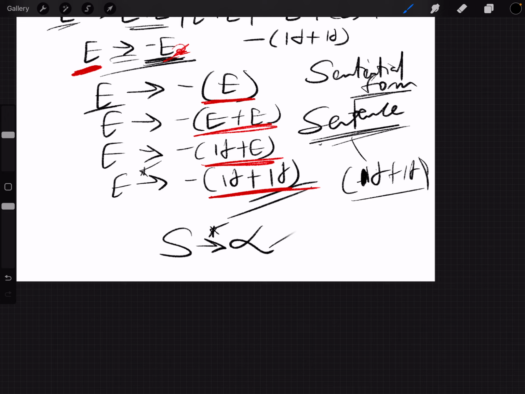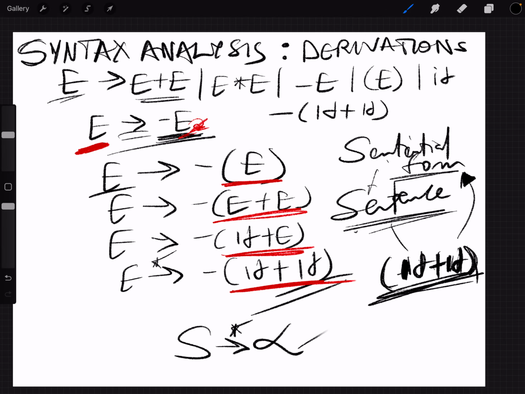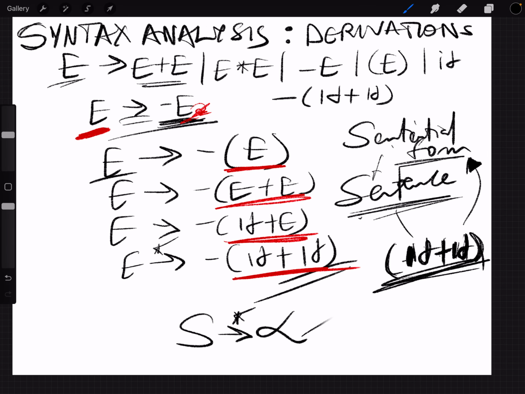There are no non-terminals here, so there's no possibility of any further breaking down, and because of that, this is a sentence. So the difference between a sentential form and a sentence is that sentential forms contain non-terminals while sentences do not contain non-terminals. I believe that should be that.